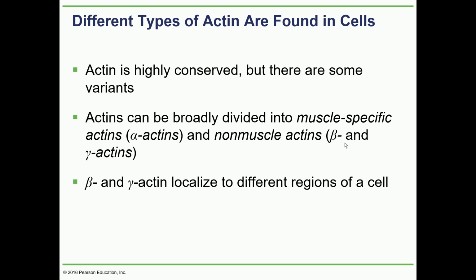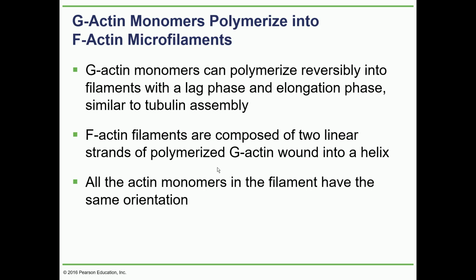Now these actins can be broadly divided into muscle specific actins, the alpha actins, and non-muscle actins, the beta and gamma actins. These G-actin monomers can polymerize reversibly into filaments with a lag phase and elongation phase, similarly to tubulin assembly.